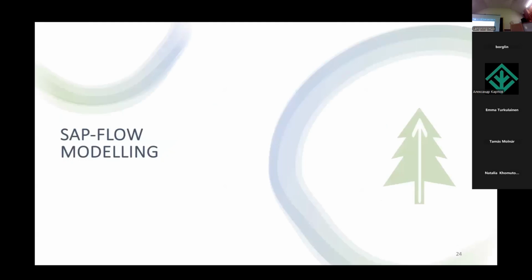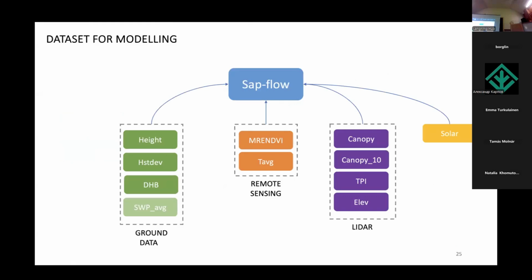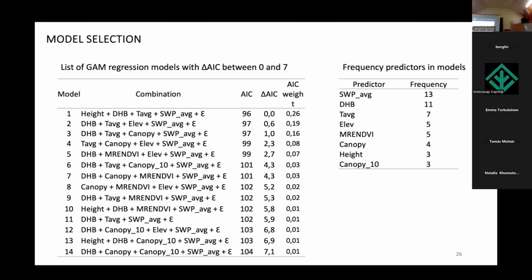The next modeling was about sapflow. It's the same slides as before, but the response variable here is sapflow, and among the predictors we add temperature, and we have the same predictors as in the other model. Here we have the same approach for model selection.